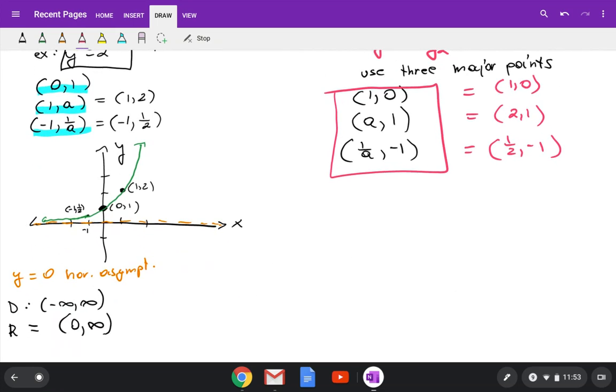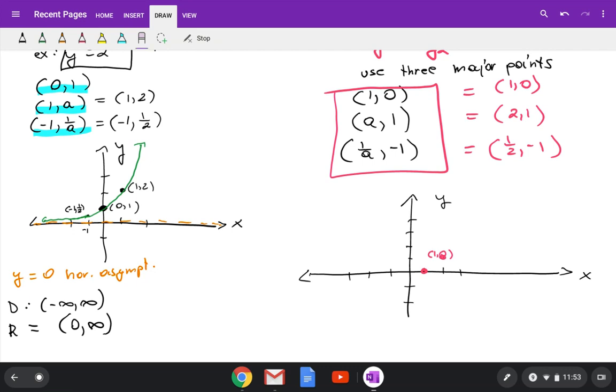So let me graph it. Logarithmic function. (1, 0). So we have (1, 0), (2, 1) here.